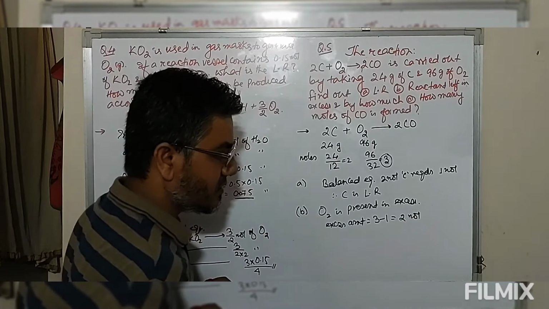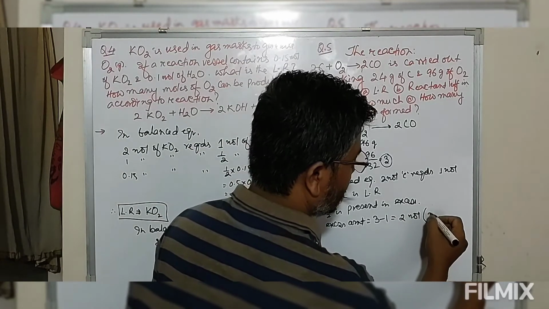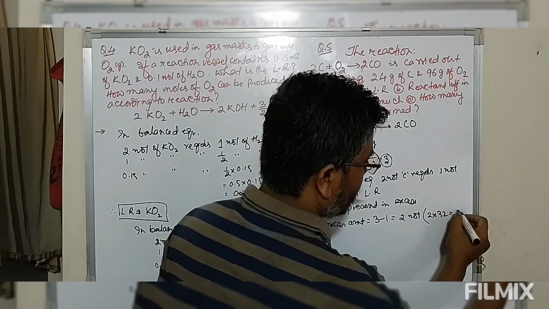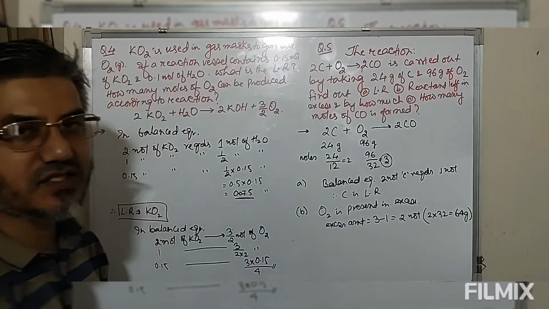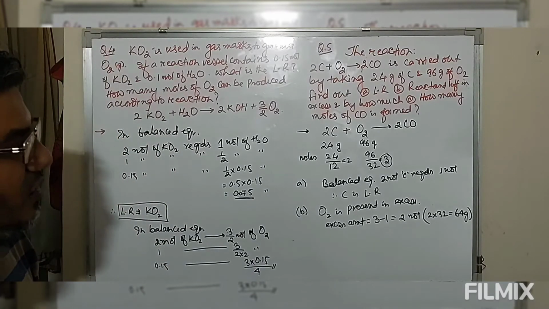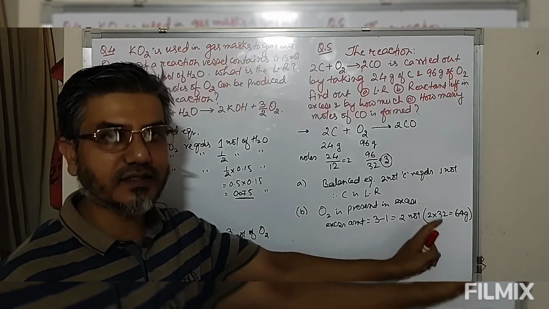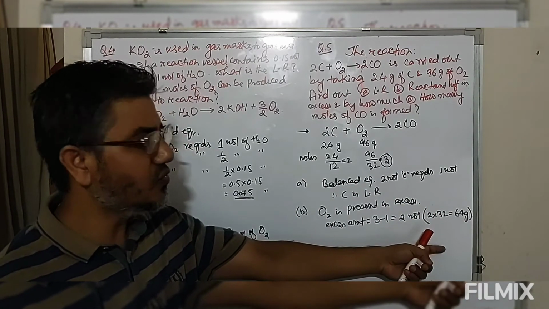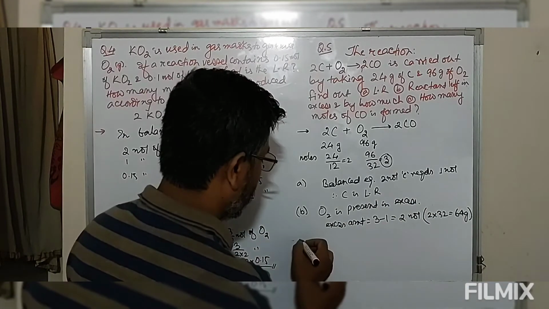So this is the number of moles of oxygen present in excess. So this is equal to 2 into 32, that is 64 gram present in excess quantity. So out of this 96, 64 remains unreacted. Only the 32 gram undergoes chemical reaction to give you the product.